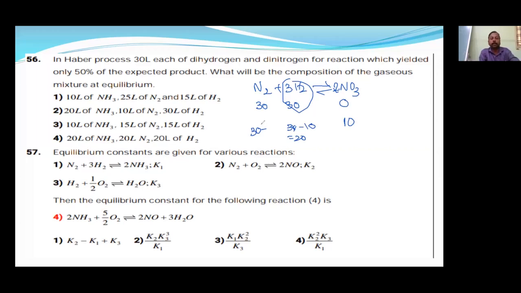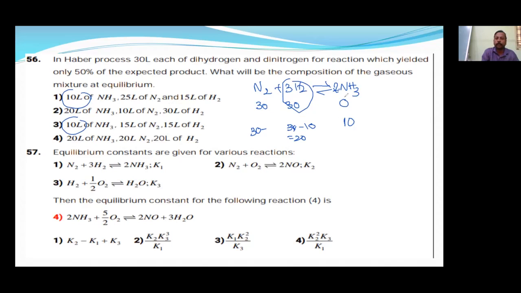So according to that, what will be the answer? Sorry, here it is NH3, not NO3. It is NH3, ammonia. So 10 liters of ammonia. And 20 liters of hydrogen... sorry, 15 liters.